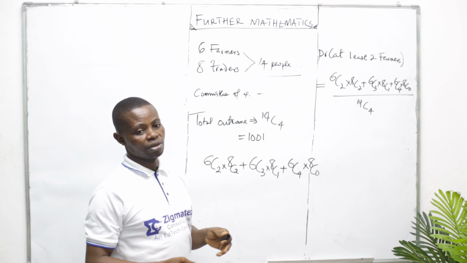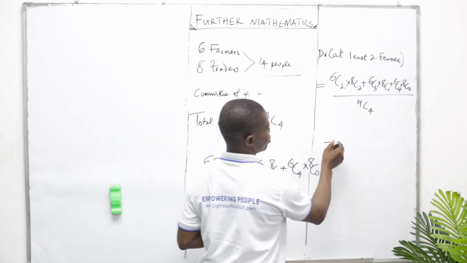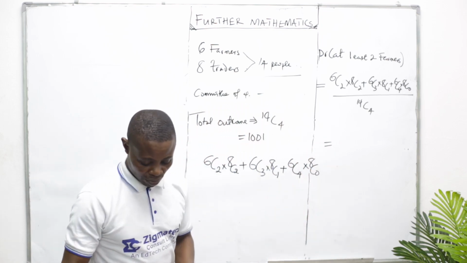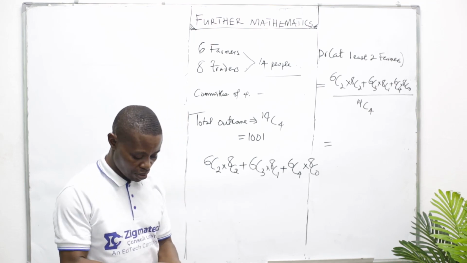This is the probability. To give us what? Let's press 6 combination 2.